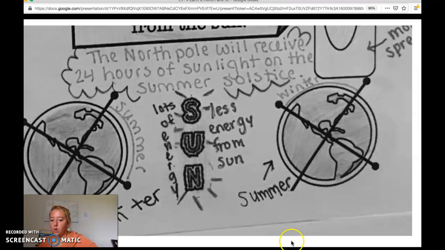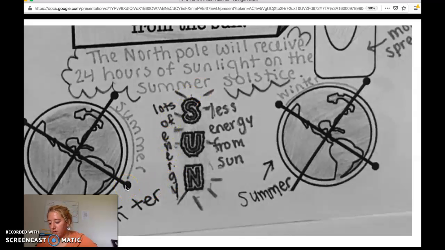Have you ever seen, and probably Alaska would be the closest you would have seen it, they have so many hours of sunlight that they actually have to get special shutters to shut out the sunlight in the summer. So the North Pole receives 24 hours of sunlight during the summer solstice. That's a lot of sun.